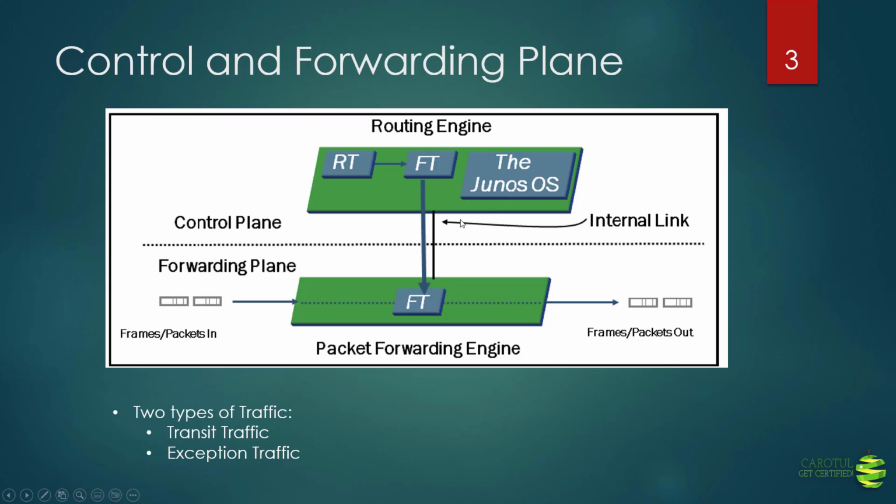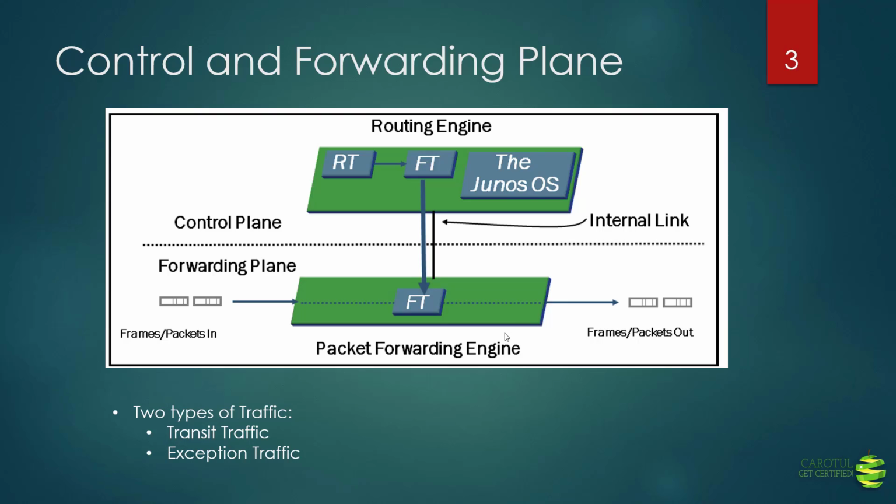The best thing about this is that all the process level configuration and all the processing happens on the routing engine, and the results are copied to the forwarding plane. The only thing the forwarding plane has to do is forward the frames or packets. You can see here frames or packets coming in, frames or packets going out. This is just switching the frames as fast as possible, and that takes the performance to another level, right?